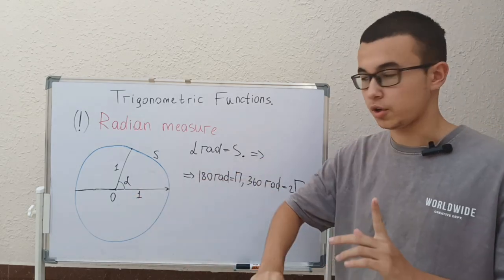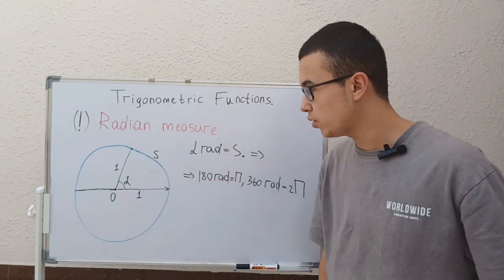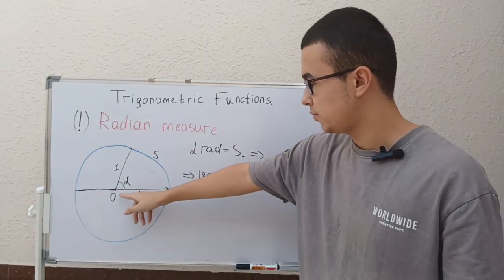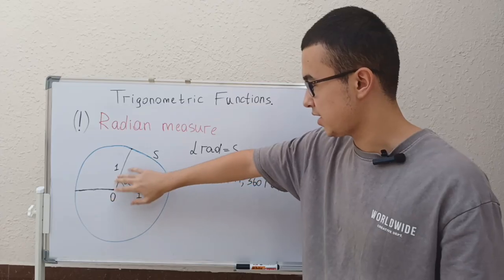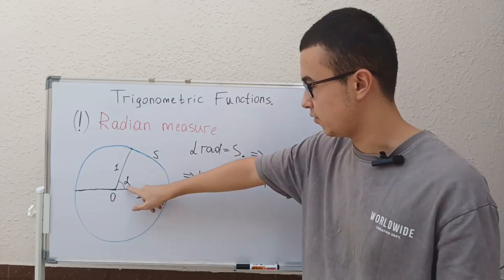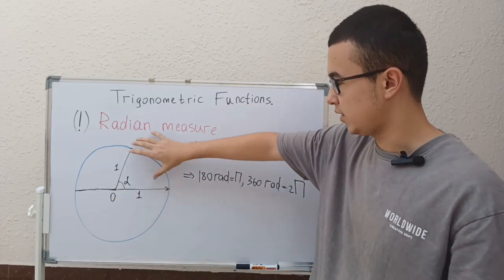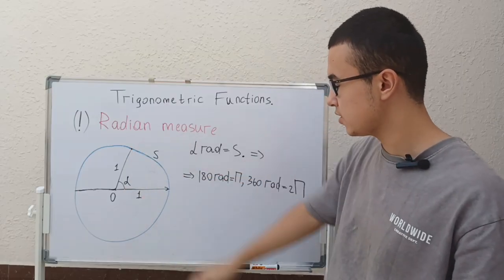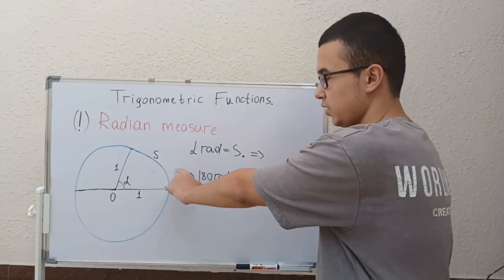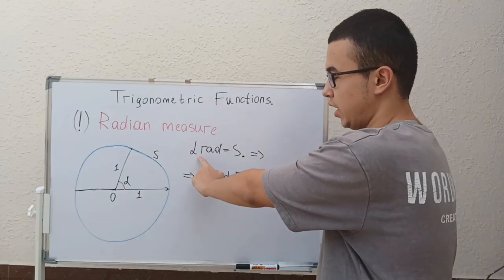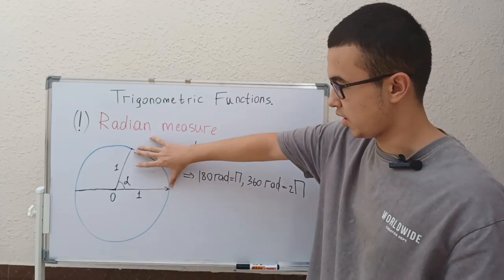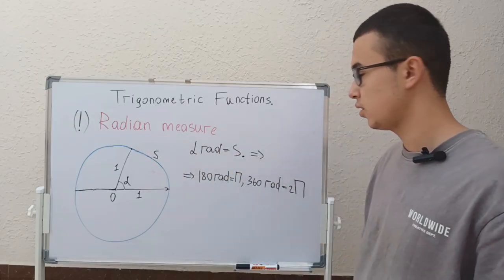Radian measure works like this. If you have a unit circle with center O, and we have our x-axis, and this angle creates alpha, and angle alpha creates an arc with length s. That means the radian measure of angle alpha is s, the length of the arc that it creates.